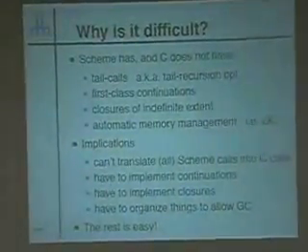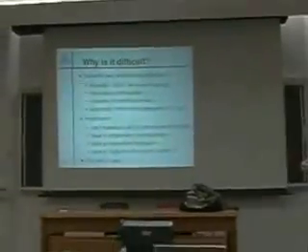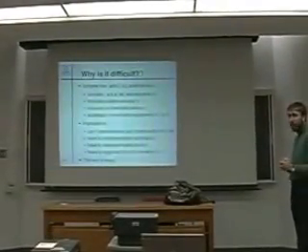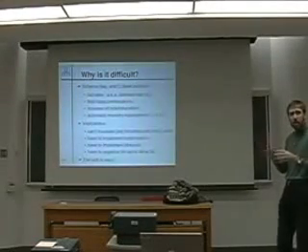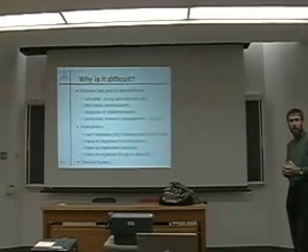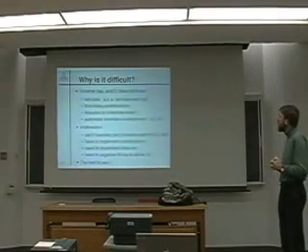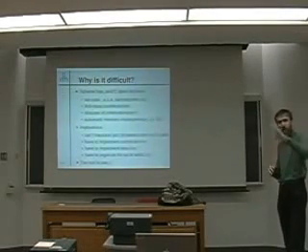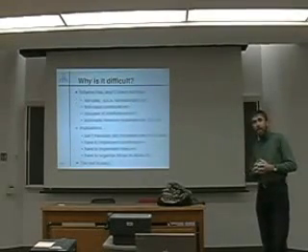In Scheme, there are first-class continuations, and obviously in C there is no such thing. There are closures in Scheme and not in C. You could say that C++ has a kind of closure, or there's a way of simulating closures with the object system, but here I'm targeting C. Moreover, closures have indefinite extent, which means that if you create a closure somewhere, it can actually live for as long as is required by the program.